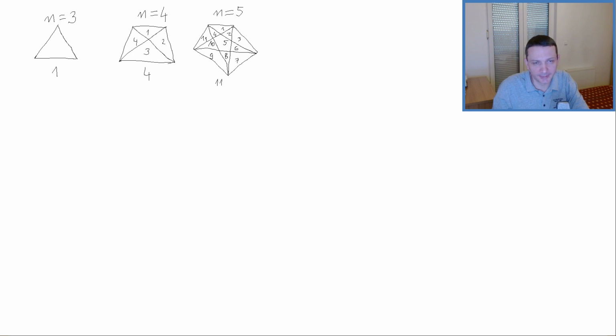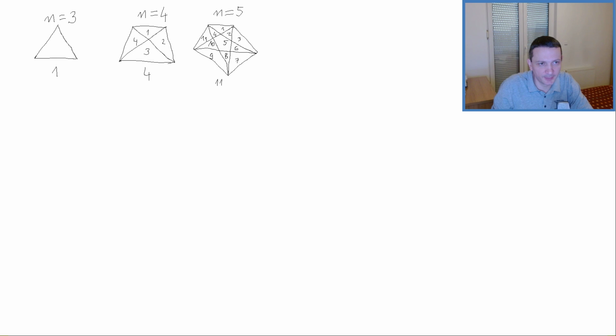So we shall try to avoid such symmetrical cases and assume that no three diagonals intersect in a common point, so that we get the largest possible number of areas of the division.